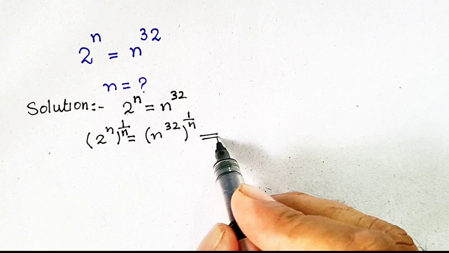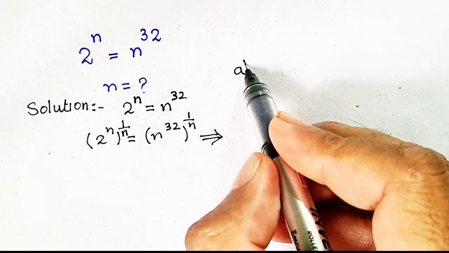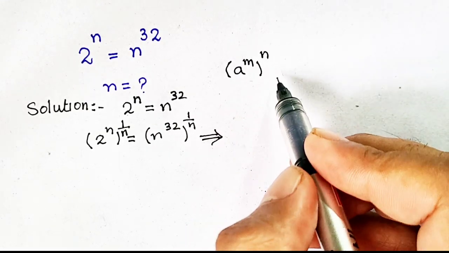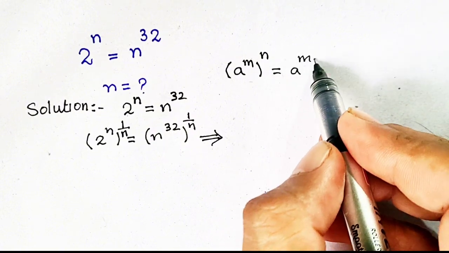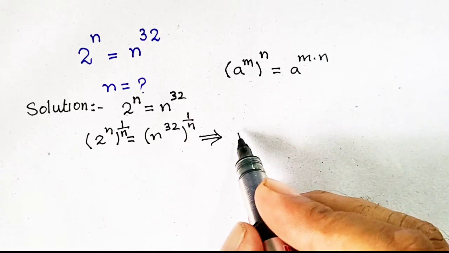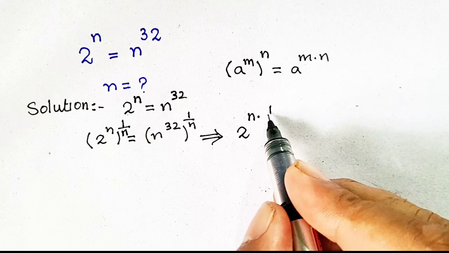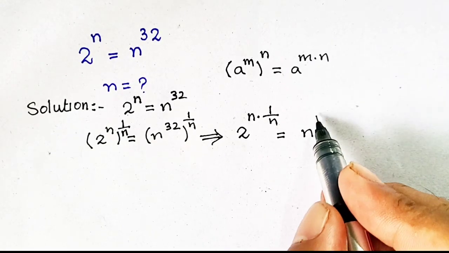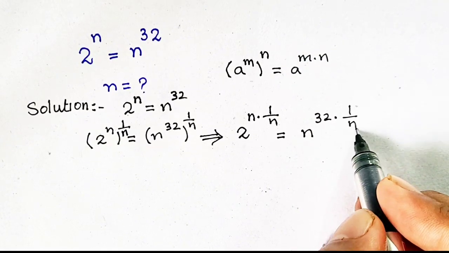Now we have a rule. If we have a power m inside the bracket and whole power n, then m and n are multiplied. So m times n it will become. So we will get 2 raised to power n multiplied by 1 over n, and it is n power 32 multiplied by 1 over n.